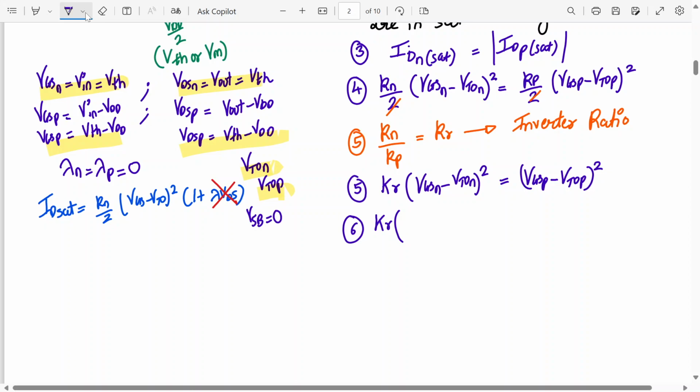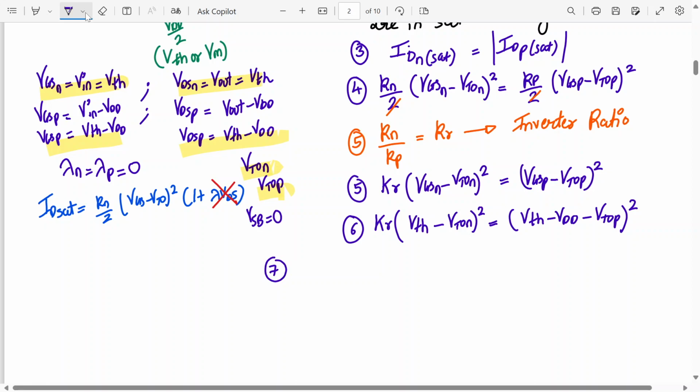VGSN is VTH, yes or no? So this is VTH minus VTON square, and what is VGSP? VGSP is VTH minus VDD. This is (VTH minus VDD minus VTOP) the whole square.